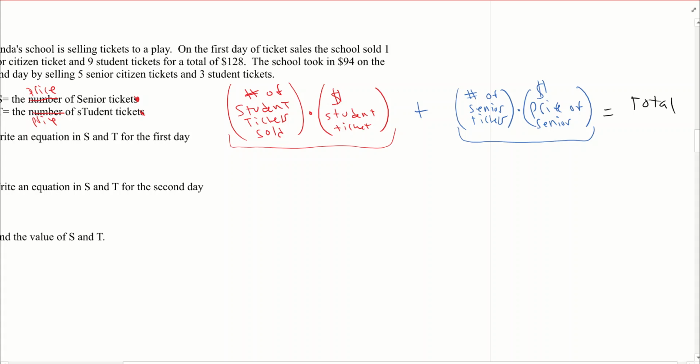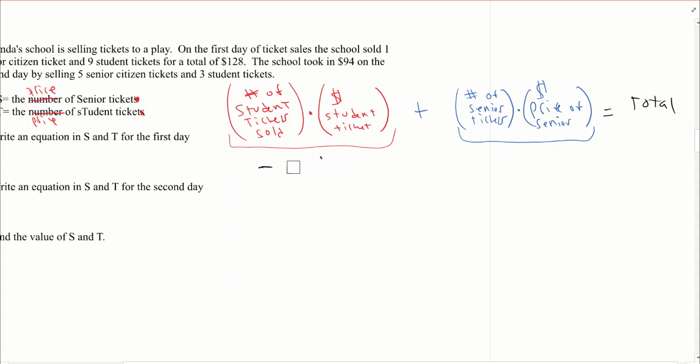And so in our situation here, for day one, we sell 1 student ticket, and we don't know what the price is. That's what we're trying to find out. So it's 1 times T, because that's what we're defining as a student ticket. No, I'm sorry, I got that backwards.